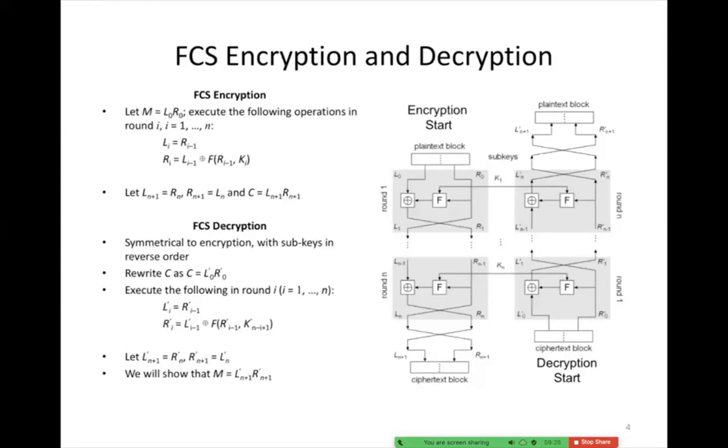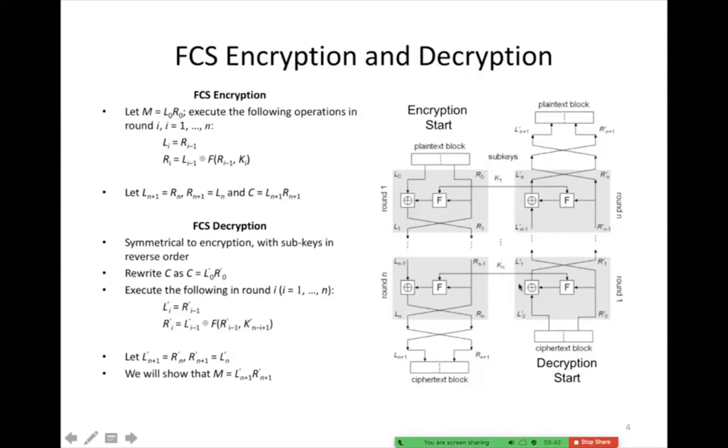First, we write the left half as L0 prime, the right half as R0 prime. Then you apply the same algorithm, but you apply the keys in the reverse order.